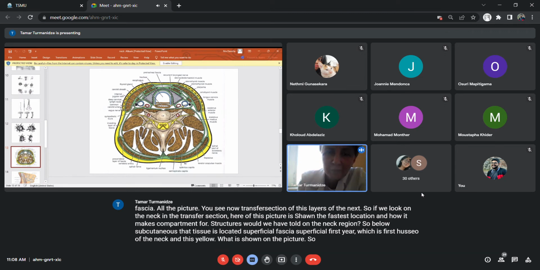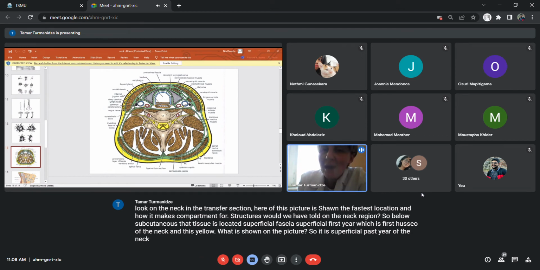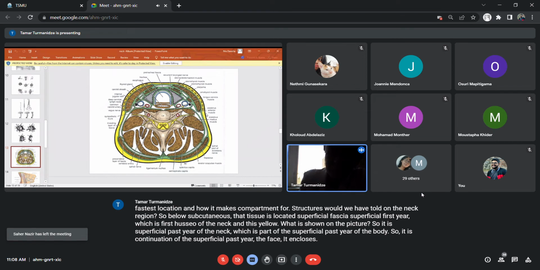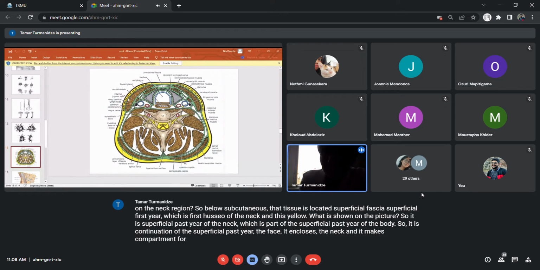So it is the superficial fascia of the neck, which is part of the superficial fascia of the body. It is a continuation of the superficial fascia of the face. It encloses the neck and it makes a compartment for the platysma muscle.